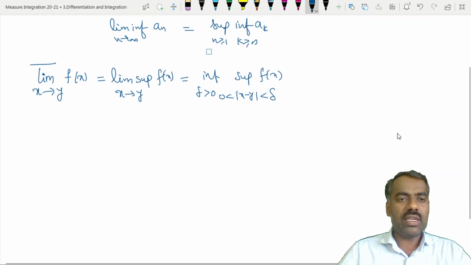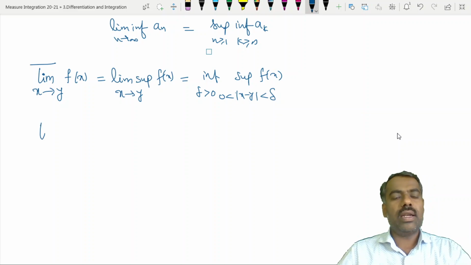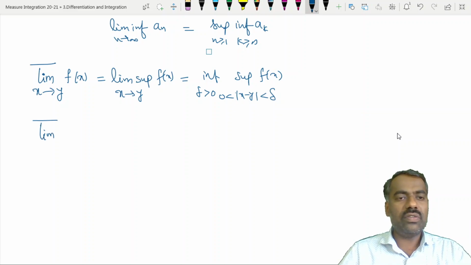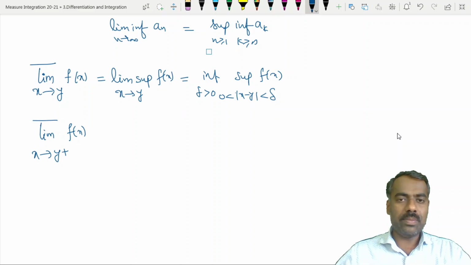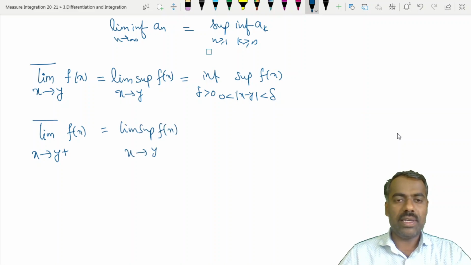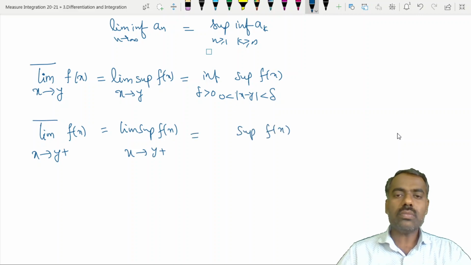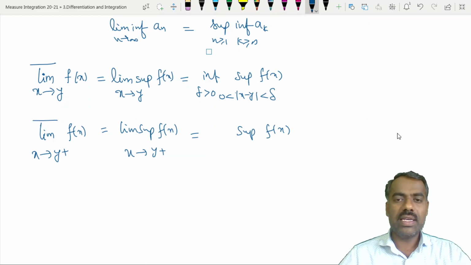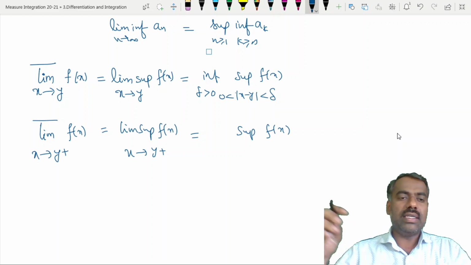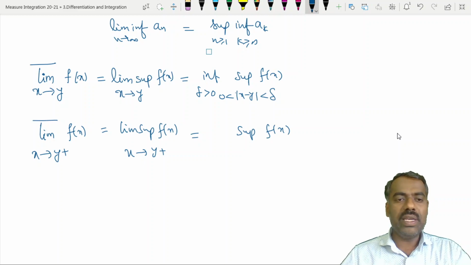Similarly, we can define the lower limit, and we can also define the one-sided upper limit, that means f of x as x tending to y plus. That means x is approaching y but from the right side, that means greater than y, right? So this lim sup of f of x as x tends to y plus, you can define as the supremum of f of x, where x minus y is positive, because x is greater than y, so it is near to y but bigger than y.